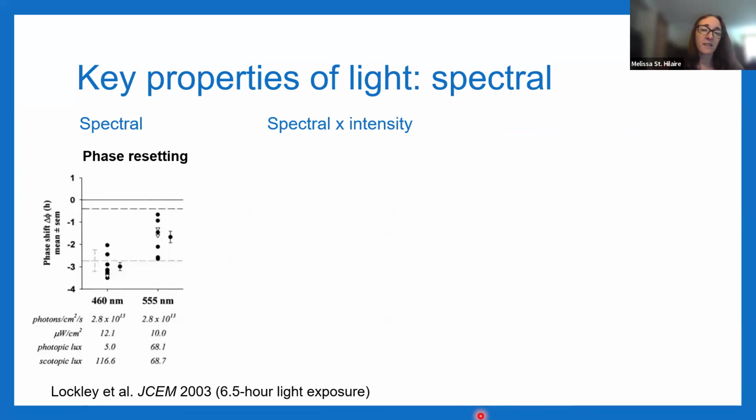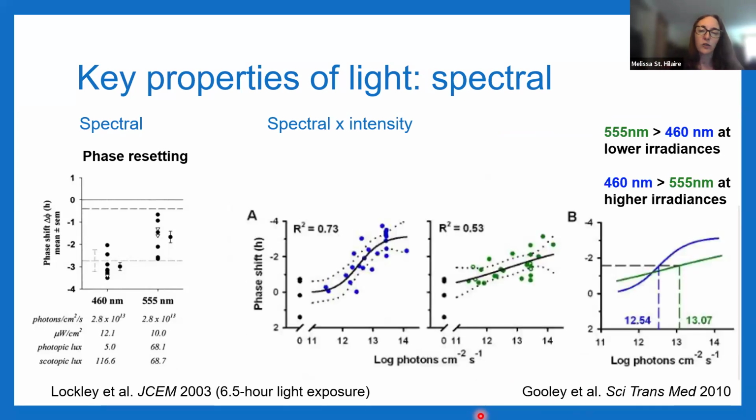We've also looked at spectral by intensity interactions. So we originally constructed irradiance response curves just for the 460 versus 555. Pretty soon, I am going to show a more complete picture where we've done this across an entire action spectrum. But I want to highlight this early work, because it really did drive a lot of the later work.